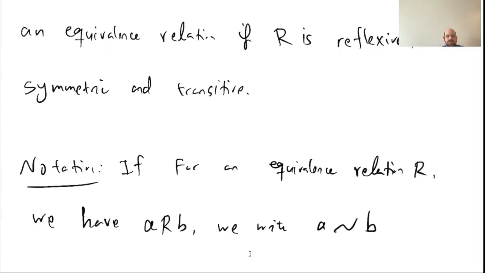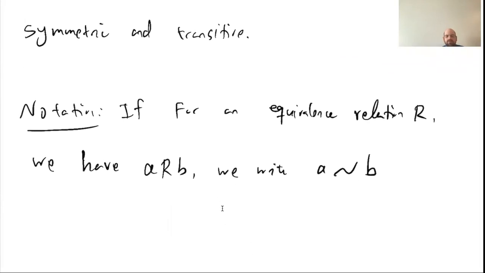This notation is the same as a R b, or the same as saying that (a, b) is in R. But it's just a notation. The first notation is used for any relation, but if the relation is an equivalence relation, then we can also use this notation.